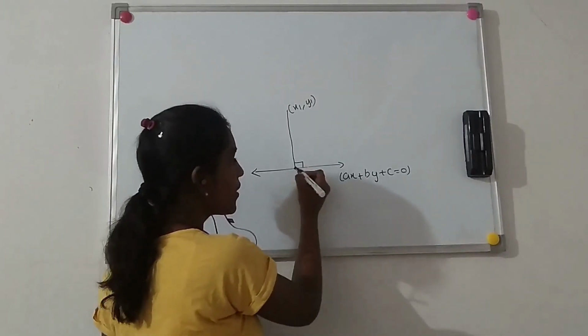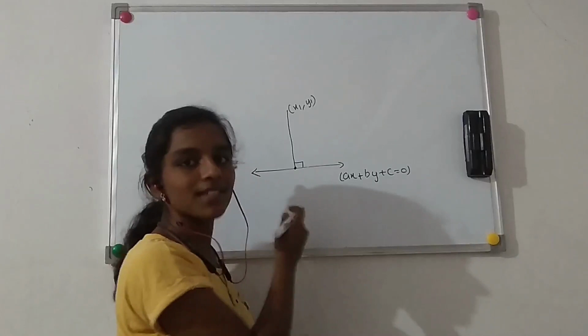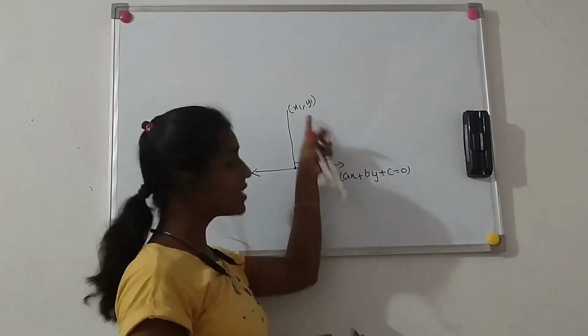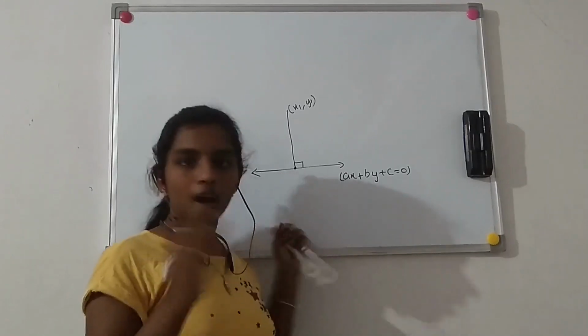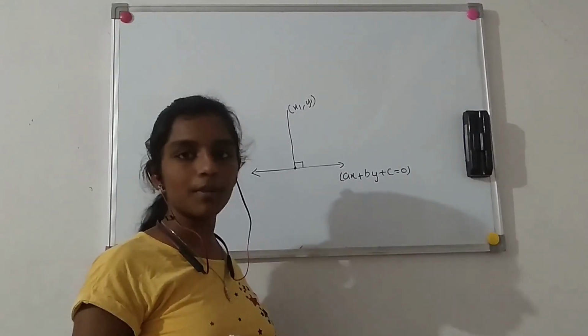This point is known as the foot of the perpendicular of this point on this line. There's a formula for this that you have studied in 2D geometry.